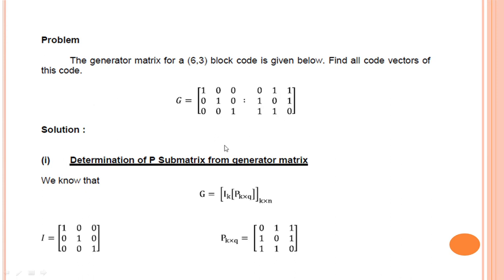So from the generator matrix, first we determine the submatrix, and the submatrix is K by Q, where K represents the number of message bits and Q represents the number of check bits present in it.